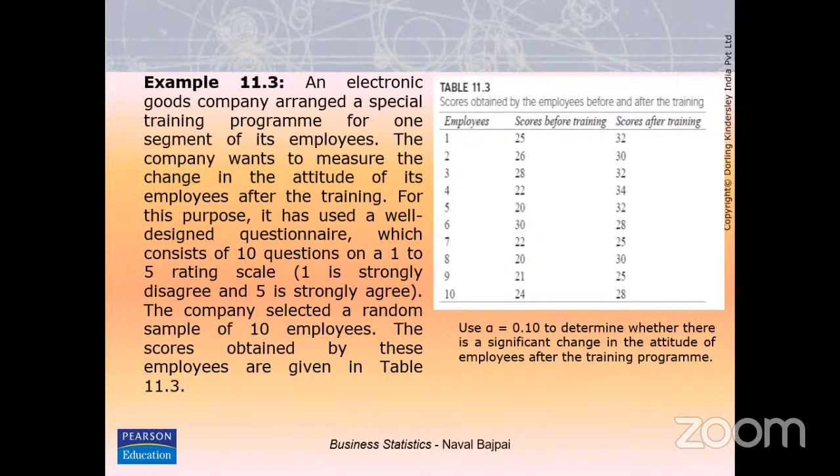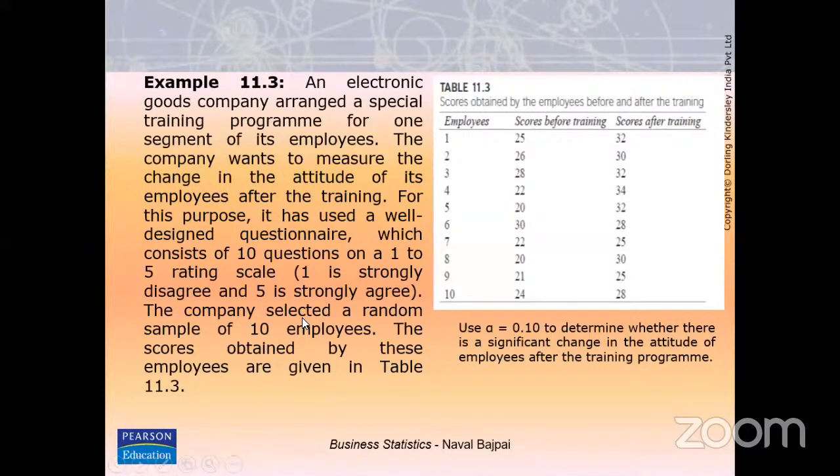Here we have to measure the difference before training and after training. For this purpose, it has used a well-designed questionnaire which consists of 10 questions on a 1 to 5 rating scale. 1 here denotes strongly disagree and 5 here denotes strongly agree. Now it is a Likert scale question. So this is a different thing.